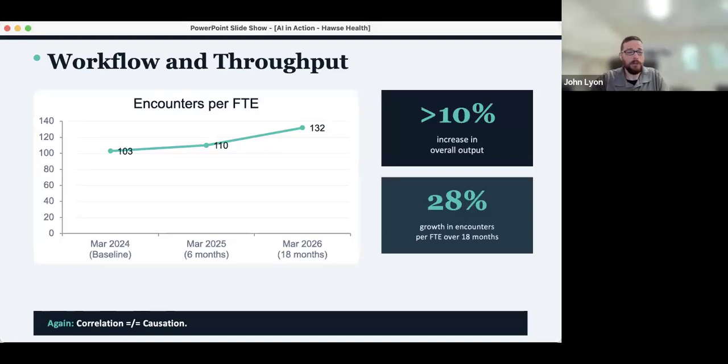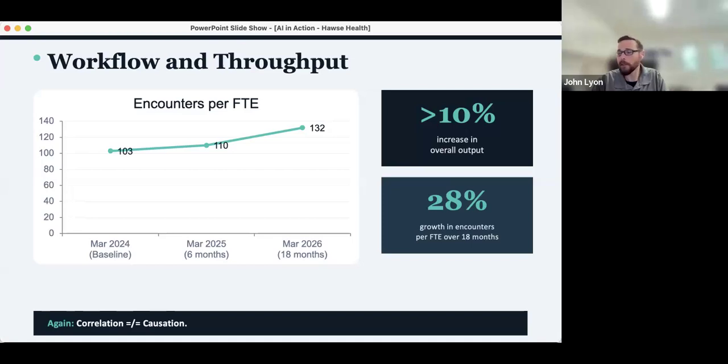So, workflow and throughput. This was hard to quantify, and this is another thing that happened that we weren't expecting. Because we've implemented this, we've developed some increased operational slack, for lack of a better term.